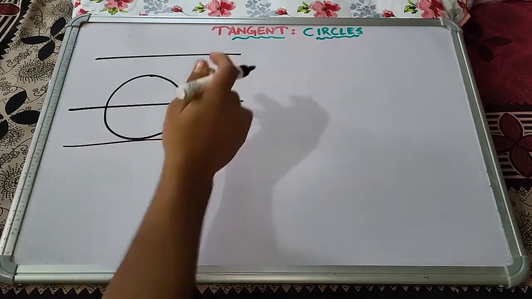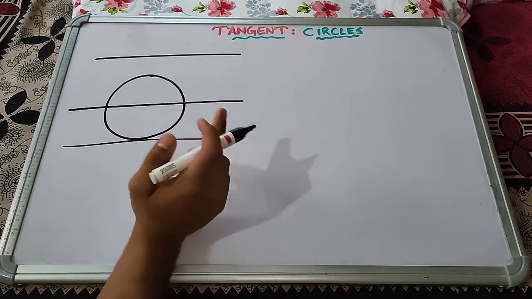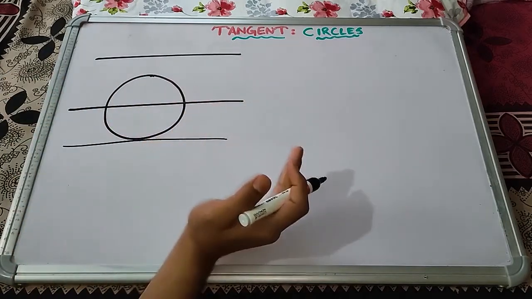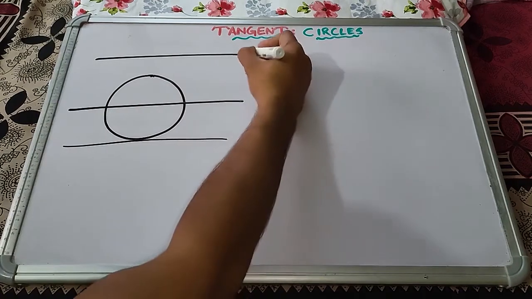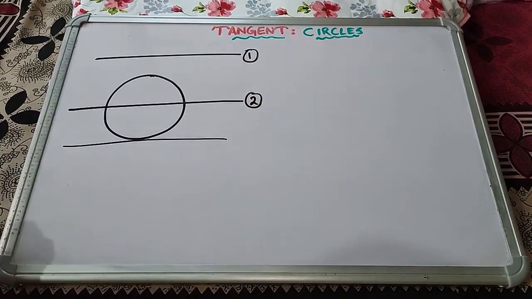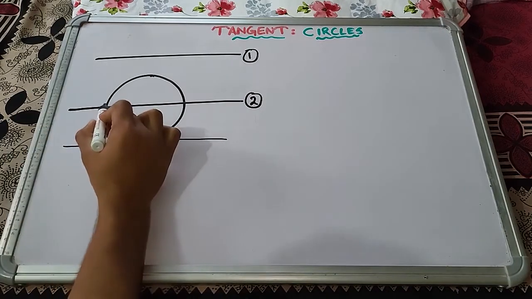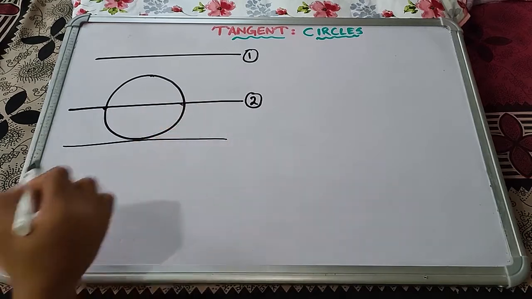What you can say is that this first line does not touch or intersect the circle, that is, it does not have any common point with the circle. This is your line type 1. This is your line type 2. In type 2 you see that the line intersects the circle, that is, it has 2 points in common with the circle.